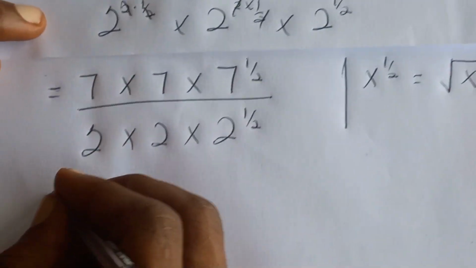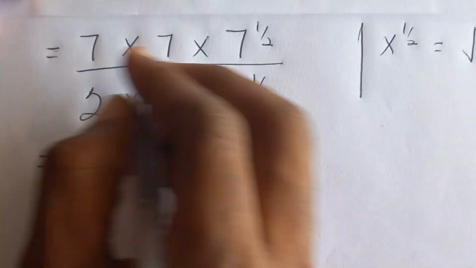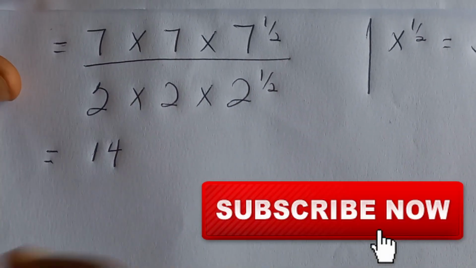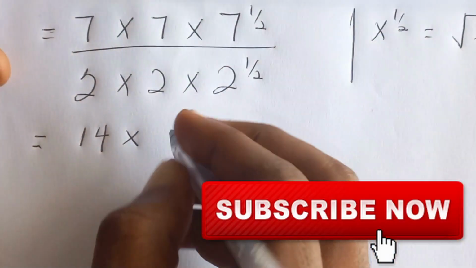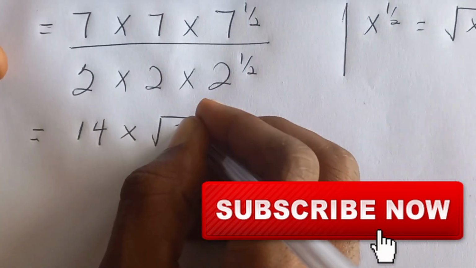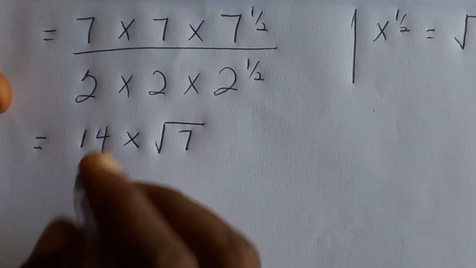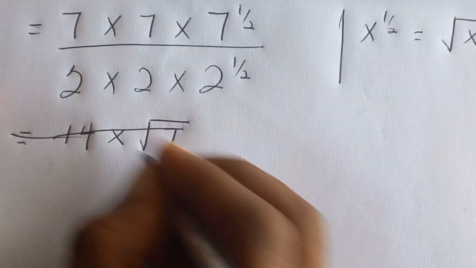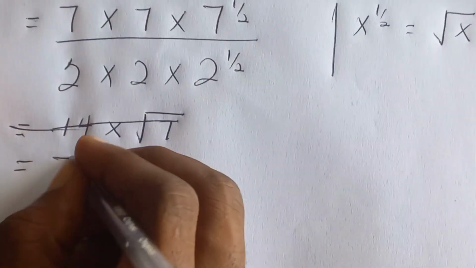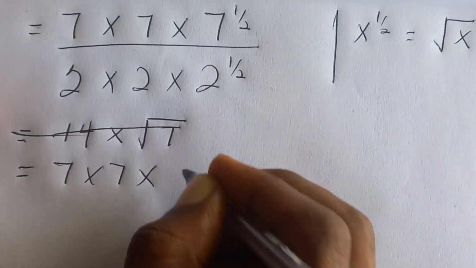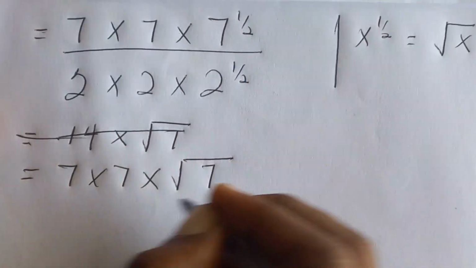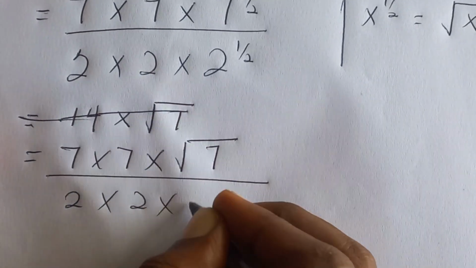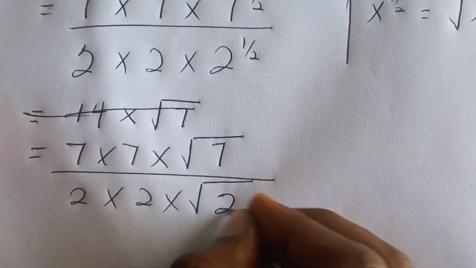So we get 7 times 7 times the square root of 7. Sorry, let me rewrite this one, which is going to be 7 times 7 times root of 7 on 2 times 2 times square root of 2.